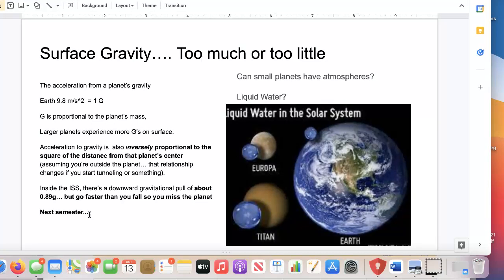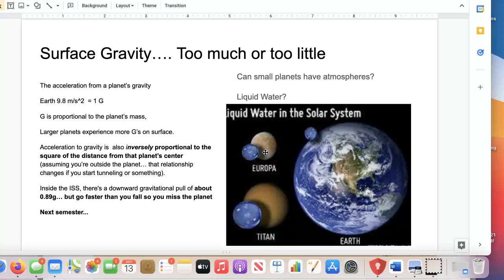But for simplicity, we'll just call that 1g. It's a relative standard again. Earth is 1. Then we look at how Earth's gravity is proportional to the mass. So smaller planets have less gravity, and smaller worlds have less gravity.